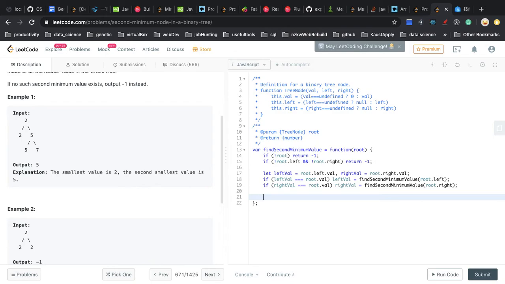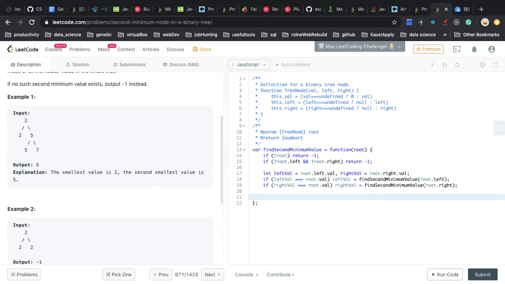After we have called those recursive functions on both the left value and the right value, we now need to figure out the two possibilities I have mentioned before.